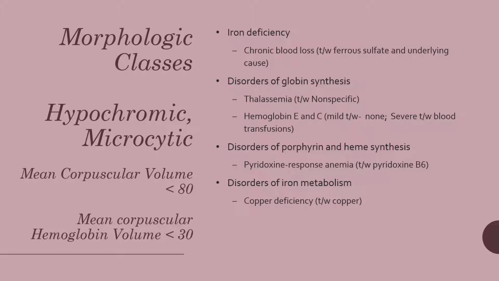There are some disorders of porphyrin and heme synthesis that might be related to vitamin B6. Those are termed pyridoxine response anemia, and the treatment will be with pyridoxine or B6. Another potential disorder of iron metabolism may come because of a copper deficiency, and the treatment for that will be to supply copper supplements.